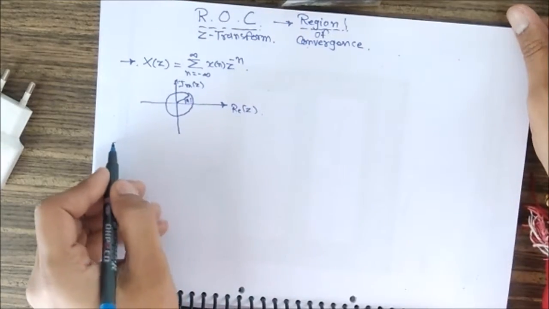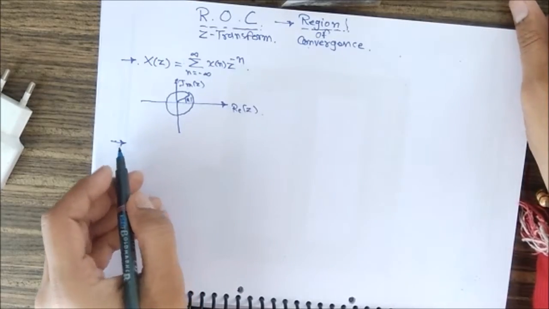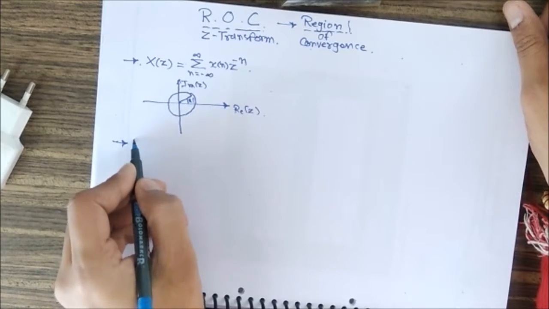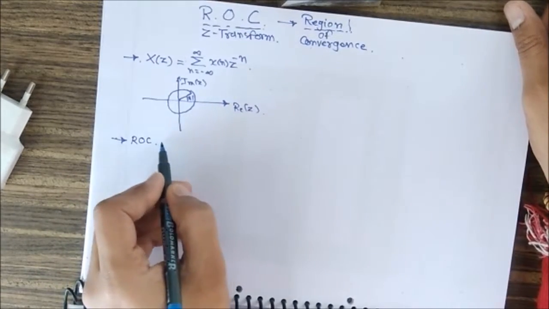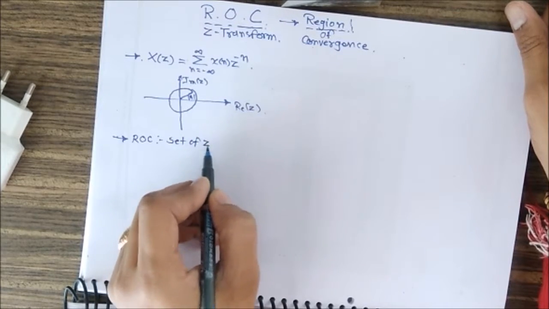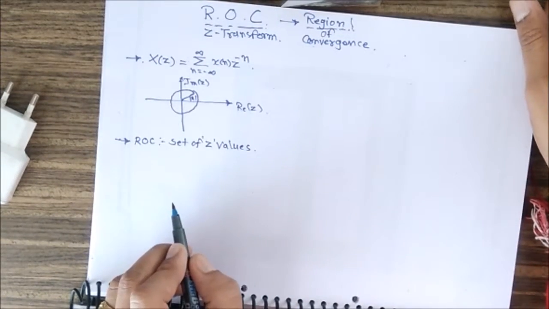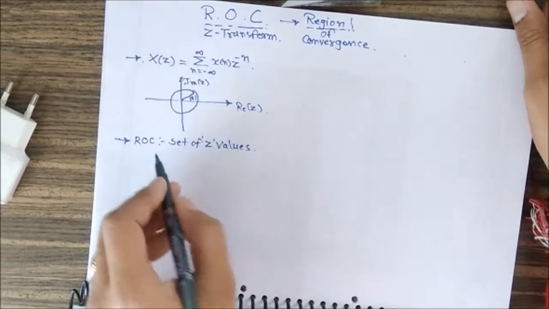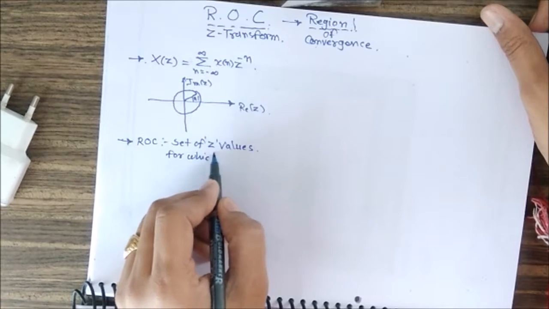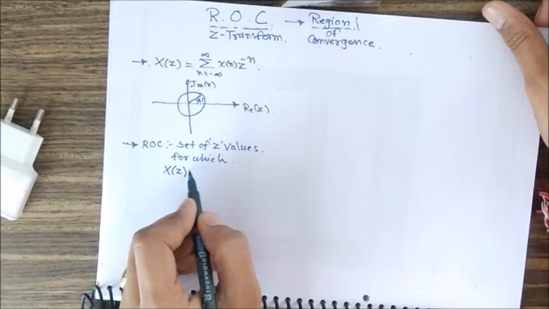Now, what is the significance of ROC that we should know? As per the definition of ROC, ROC is a set of Z values for which X of Z for a given sequence is finite.